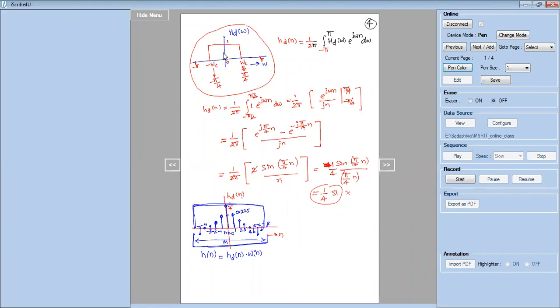But before going to the windows, I would like to tell you another important point. Now n is varying from minus infinity to infinity. Out of that, I will be choosing only a finite set of the hd of n. That I can do. But before choosing that, I have another practical problem. Can anyone identify what is that practical problem?